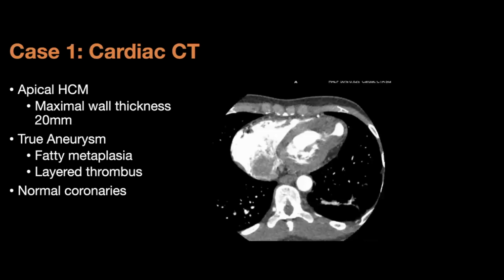They also wanted to look for thrombus. This is just one slice picture that I had taken for this patient. It was a true aneurysm. There was some fatty metaplasia with a layered thrombus, so we started anticoagulation. I had very similar measurements to what we had described on the initial non-contrast echo, and he had normal coronary arteries and normal origin of the coronaries as well.